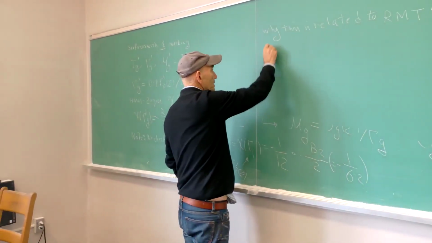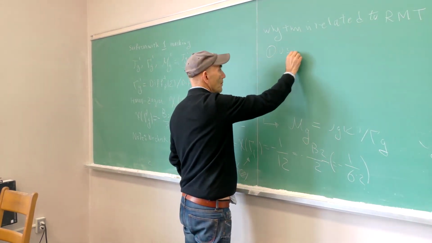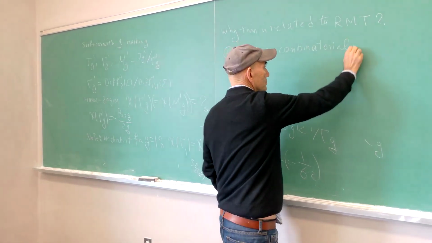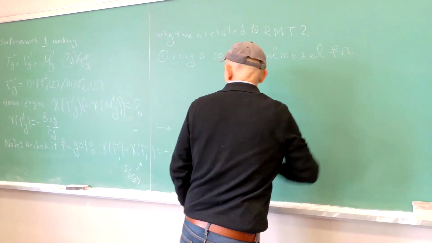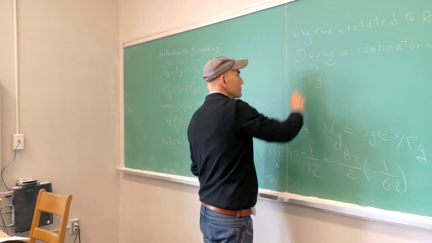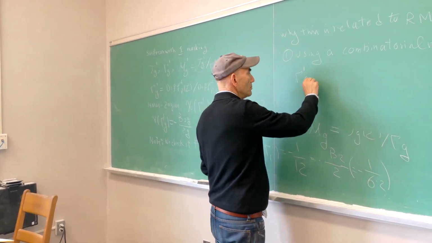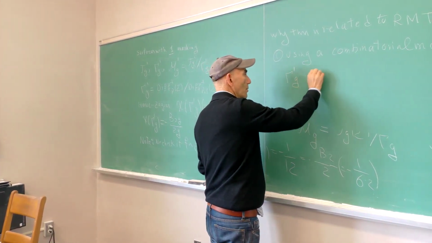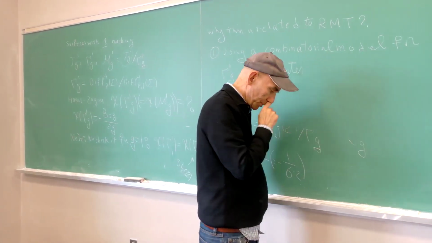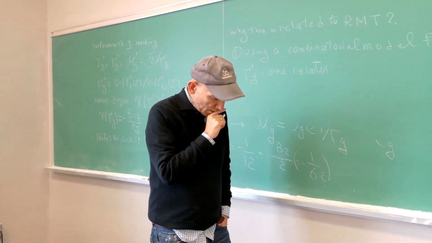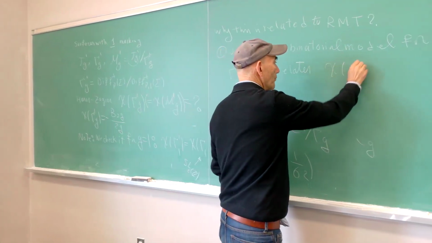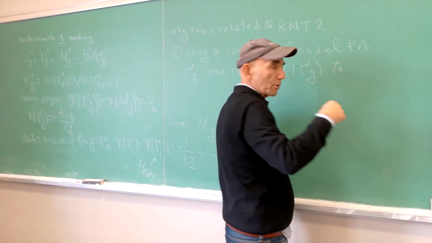So the first thing is that, using a combinatorial model for gamma 1G, one relates the Euler characteristic of gamma 1G to polynomial gluings.